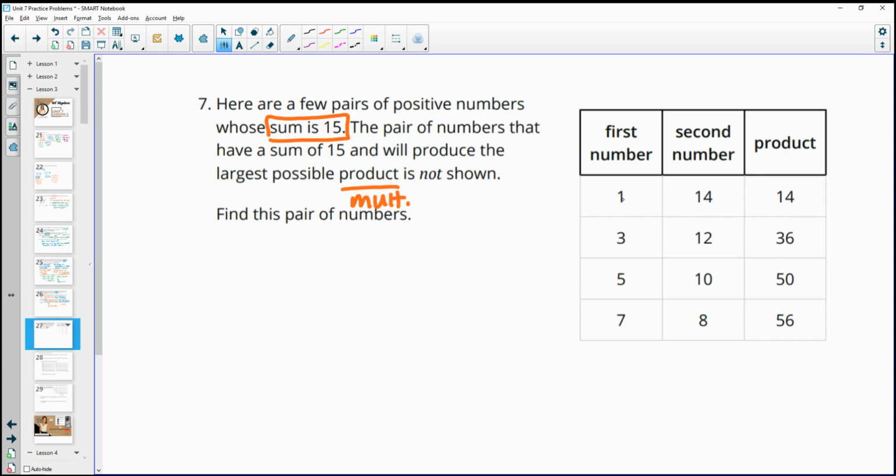So 1 and 14 are pretty far apart. As these get closer and closer together, the product is larger. So the closest that they can get together is to be the exact same number. So if we take 15 and we divide it by 2, we get that 7.5 plus 7.5 would be 15. And then when we multiply those, we get 56.25.